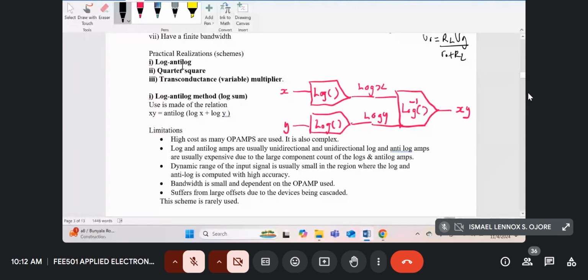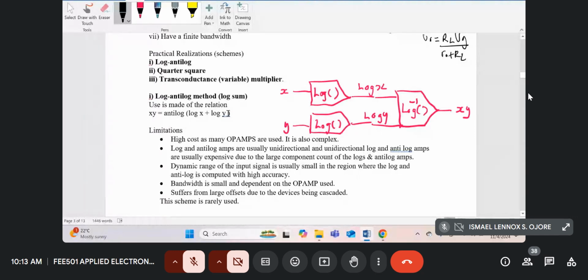So the first scheme was called the log anti-log. We are going to be using log amplifiers, which you studied, and anti-log amplifiers, which you studied. For log anti-log, we use this equation over here, that xy is equal to anti-log of log x plus log y.